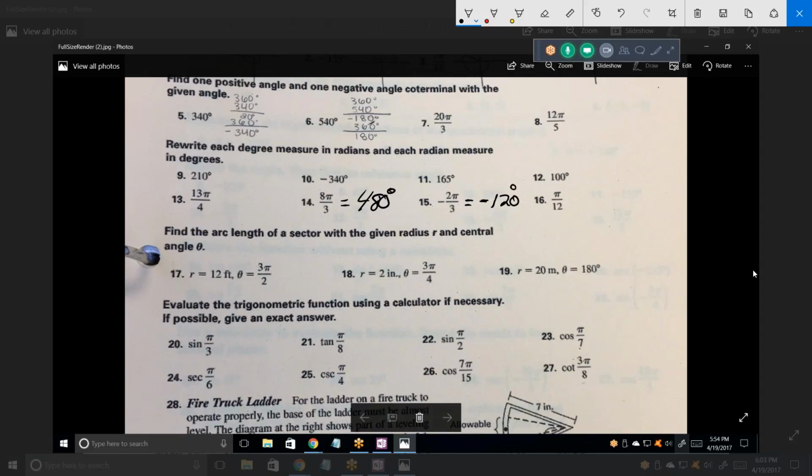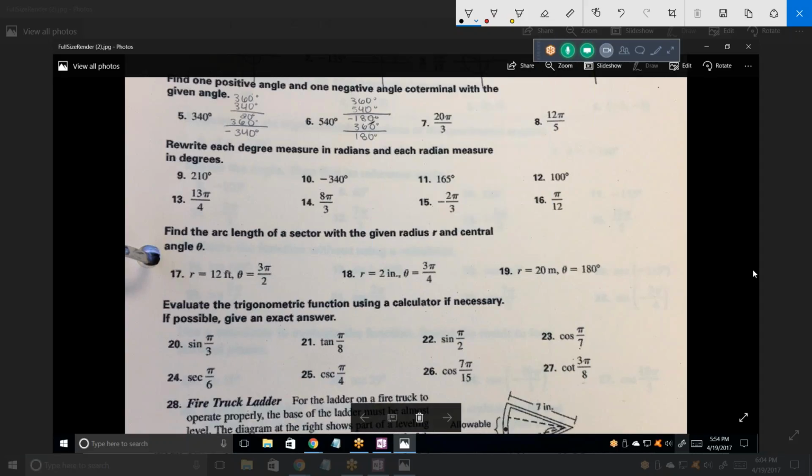Now pi over 12, notice we're looking at just a pi in the numerator, so whatever that's equal to, 12 times that number has to be 180. That number's 15. 12 times 15 is 180. Yeah, I don't want to really confuse you.